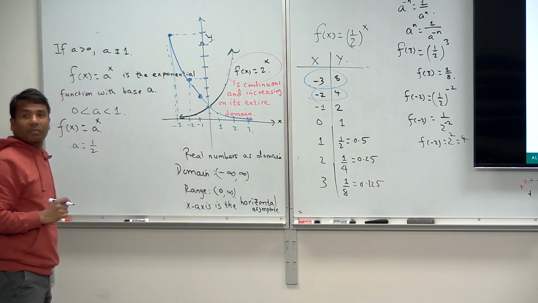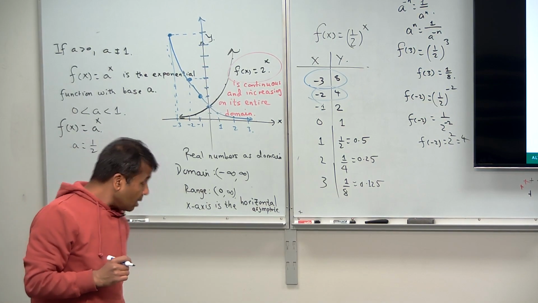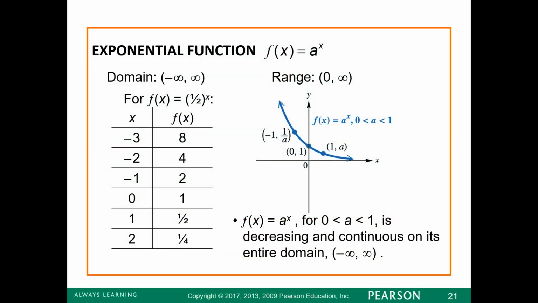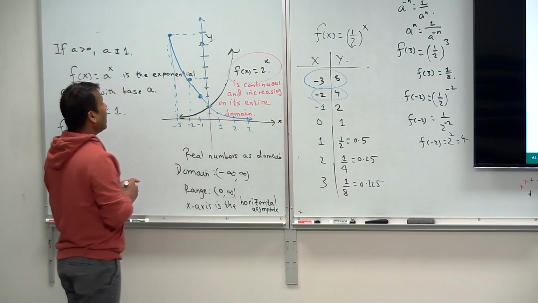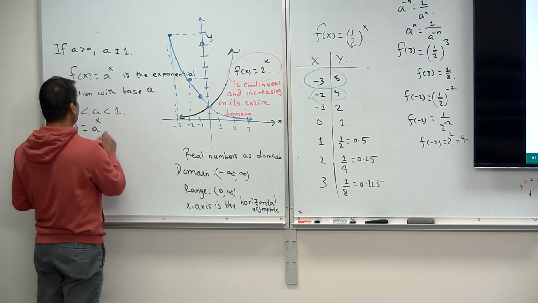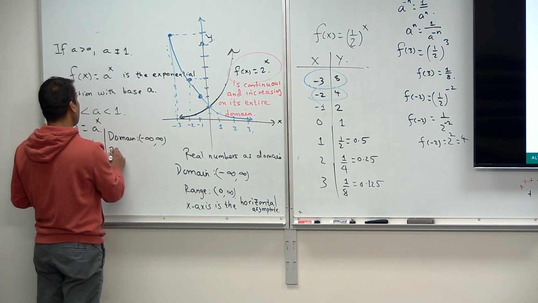Did you see that? The blue one is the graph of the function f(x) equal to half raised to the power x. So this is decreasing, right? The graph is decreasing and continuous on its entire domain. And you guys know that the domain is -infinity to +infinity.